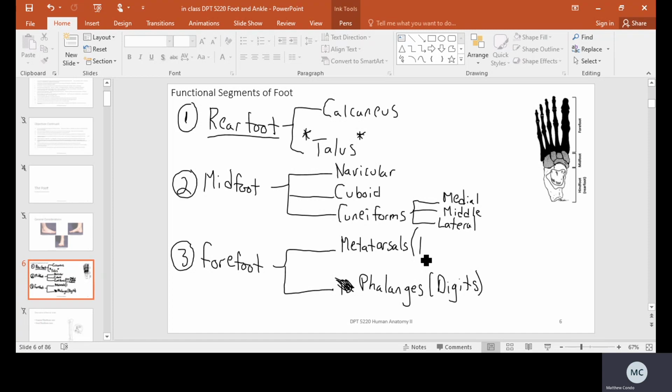You're going to see metatarsal a lot of times in PT language abbreviated MTP. MTP is going to stand for metatarsal phalangeal joints.